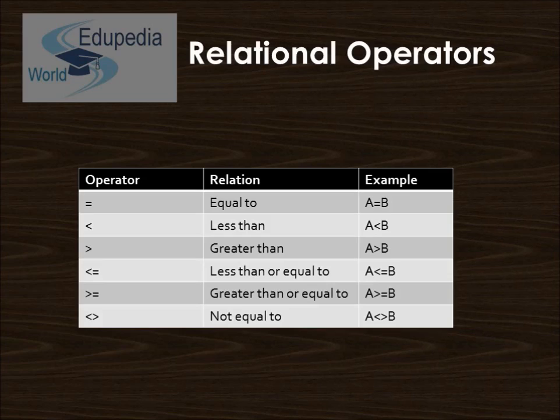Like the first one will return true if both values are equal. The second one will return true if the first value is less than the second value, and so on. It keeps on going. They will work according to their names.